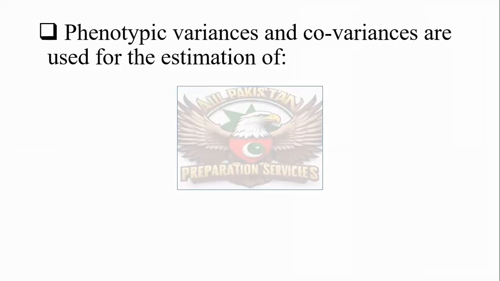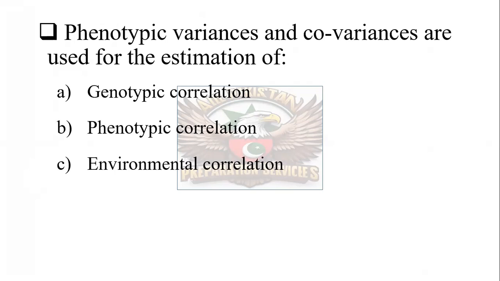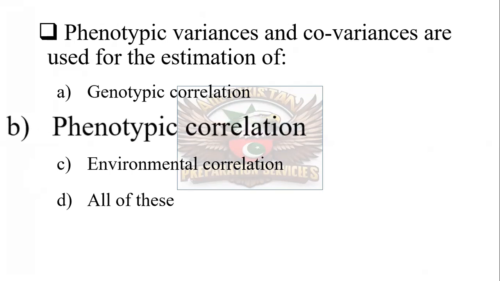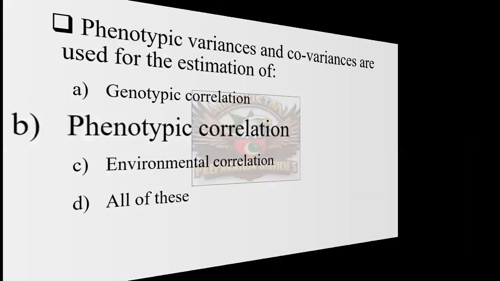Next question: phenotypic variance and covariance are used for the estimation of genotypic correlation, phenotypic correlation, environmental correlation, or all of these. The correct one is phenotypic correlation. Phenotypic variances and covariances are used for the estimation of phenotypic correlation.